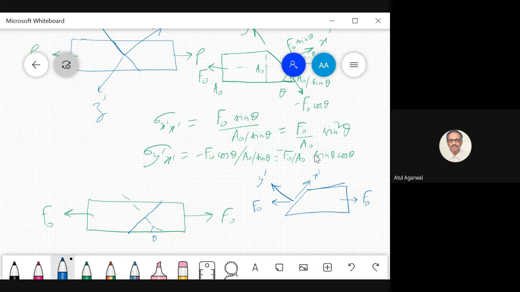So this is 90 degrees, this is 90 minus theta, and this is 90 plus theta.